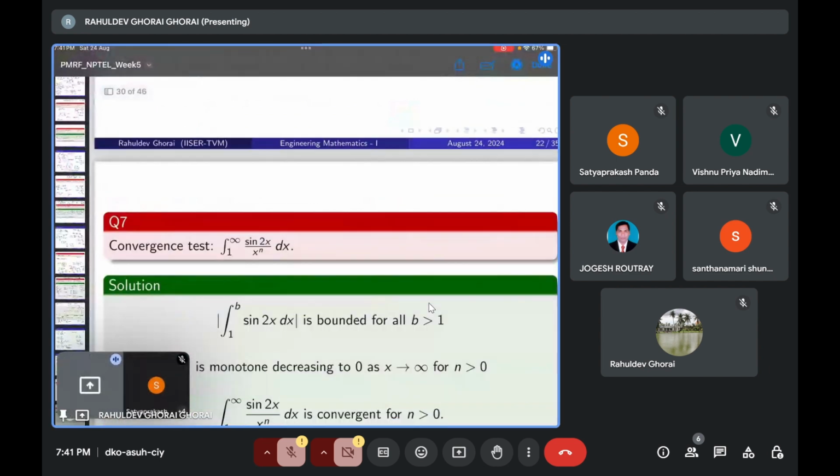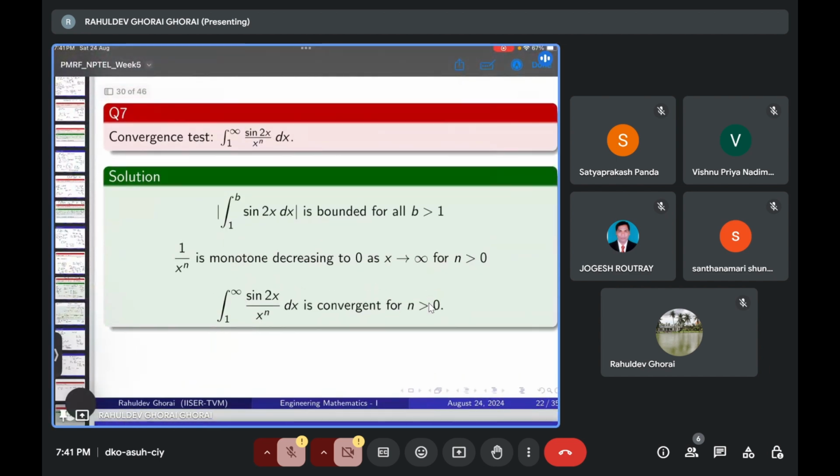The Dirichlet principle says that if you have the integral from 1 to infinity of sine 2x over x to the n dx type of function, and if you can show that the integral from 1 to b, for any b greater than 1, is bounded, the modulus of this one is bounded. That is easy, right?